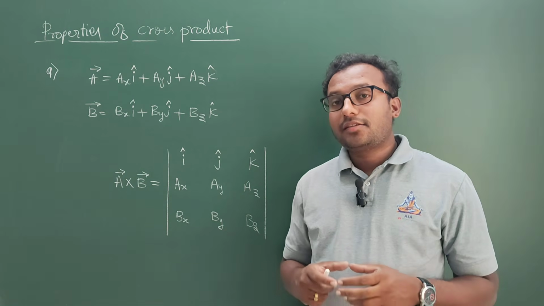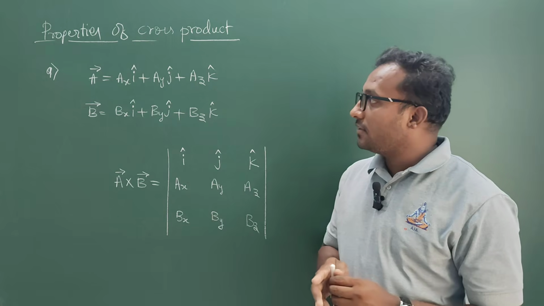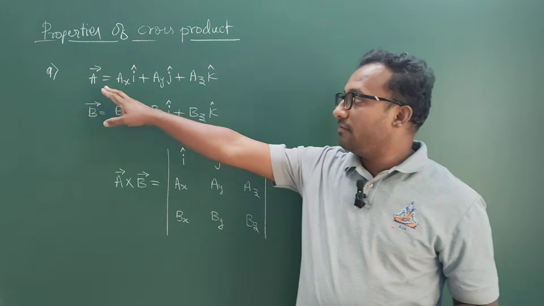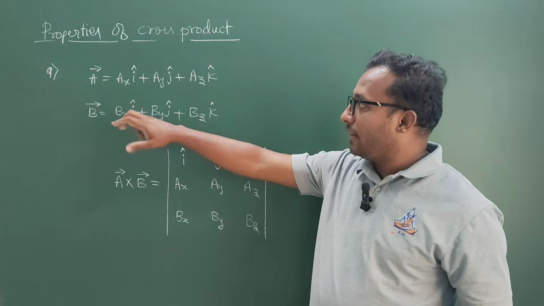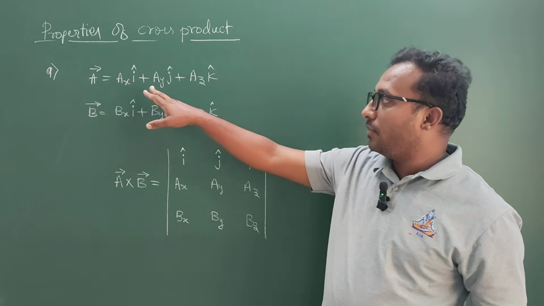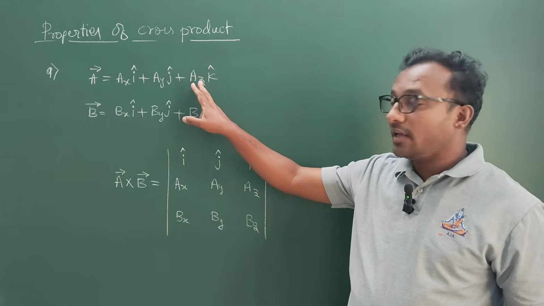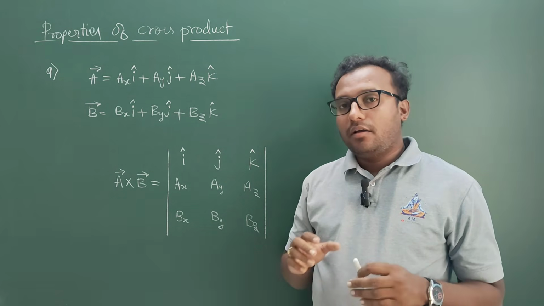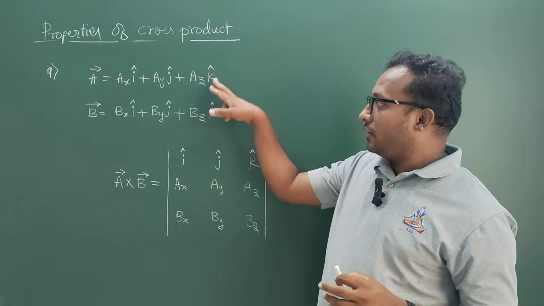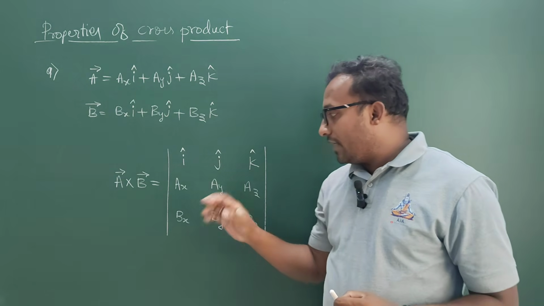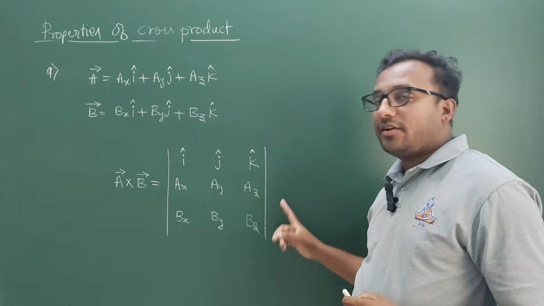Now finally, let us understand what to do if the two vectors are given component-wise. For example, vector A has its three components in space: the component along the x-axis, along the y-axis, and along the z-axis. Similarly, vector B. If you want to take the cross product of these two vectors given in component form, we will take the determinant of this matrix.